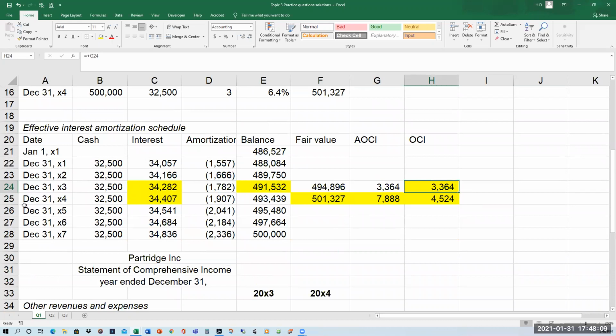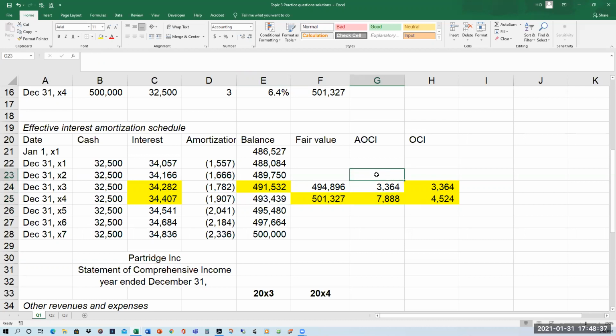Then later on, at the end of the year, we again calculated fair value on the investment. The difference between fair value and the balance as per the original effective interest schedule equals accumulated other comprehensive income. And the change in accumulated other comprehensive income is the OCI for that year.